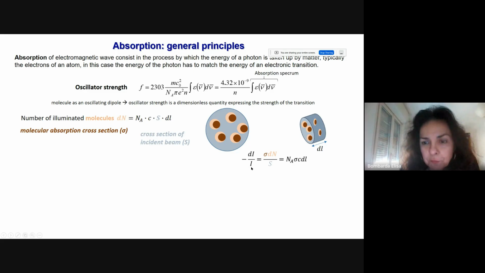And so, if we want to calculate the fraction of light that is absorbed, we have to make this calculation. So then we have to multiply the cross section by the number of molecules that we have in this little volume.